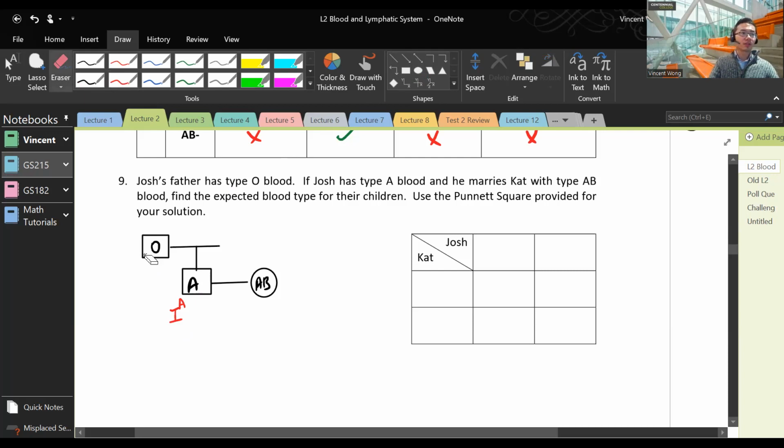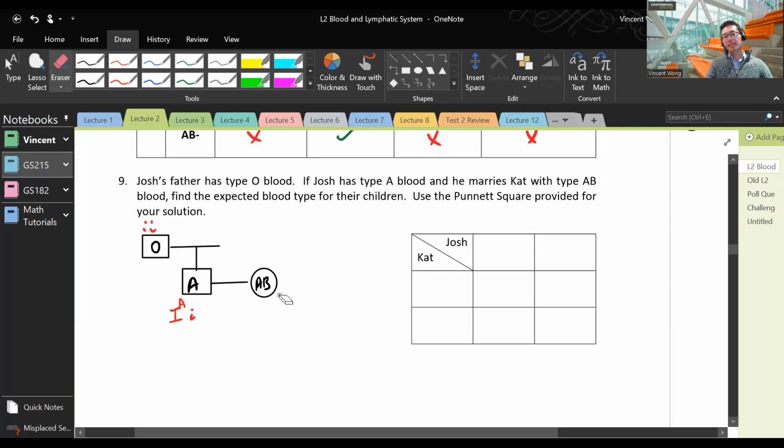That's why we needed to know his father. Tyler said Josh is IA little i. That's correct. Because if his father is little i, to get the type O blood, Josh is guaranteed to inherit one of the little i. So that's how we know he is heterozygous and not homozygous. That's how we know he's IA little i and not IA IA.